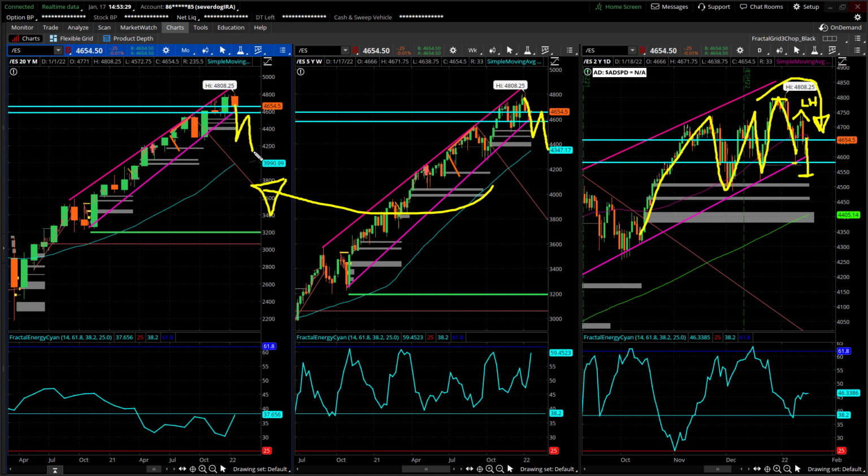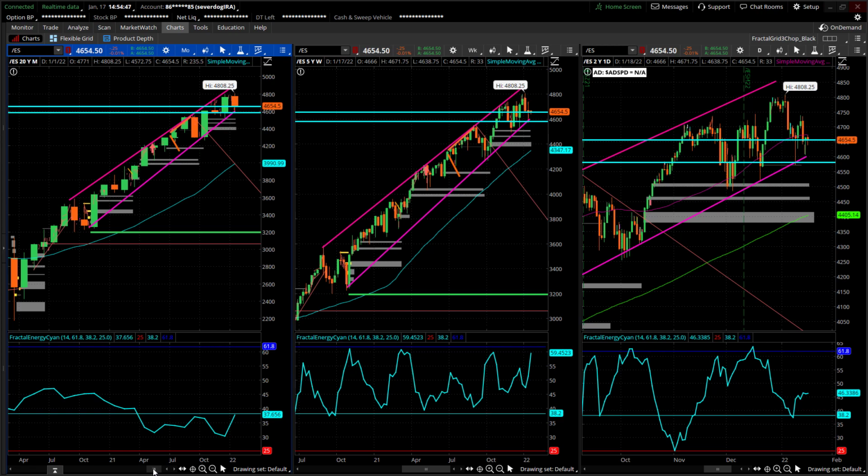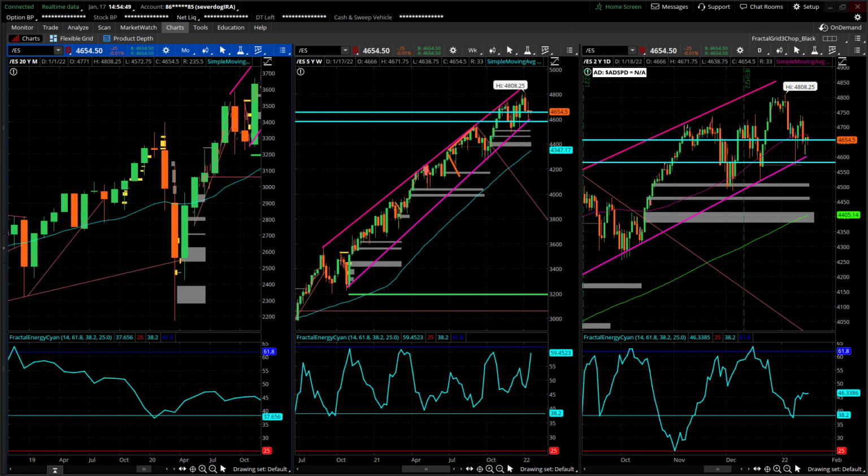Now, quite honestly, we have not seen a true transition to a monthly downtrend for a long, long time. About 14 years now is the last time that we saw that. What we've seen since that point, what people call bear markets, have just been very sharp corrections.